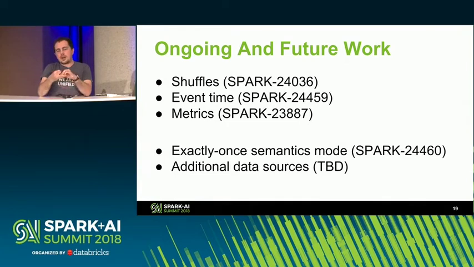A lot of the metrics we keep in Spark, like the number of rows processed, aren't reported back to the driver until a task completes, and continuous processing tasks don't complete. So right now they're just not reported, and the Spark metrics say nothing has happened ever. So it's a bit unfortunate. We're working on a mode to provide exactly once semantics. This is a bit of an arcane thing.